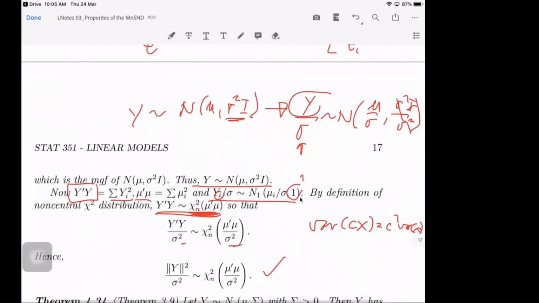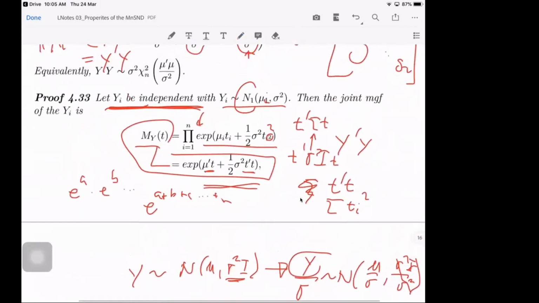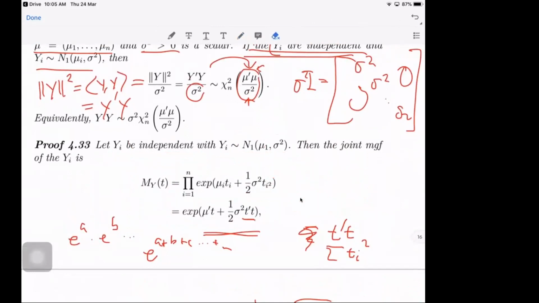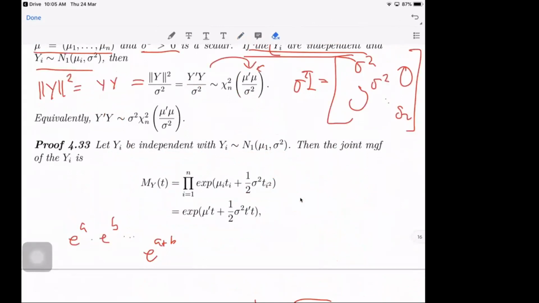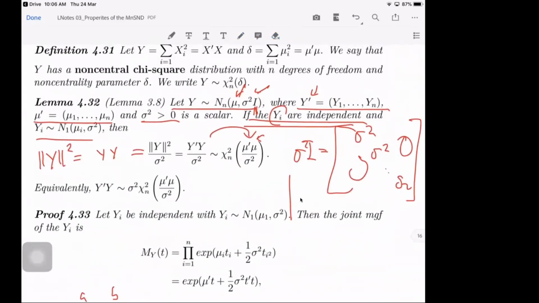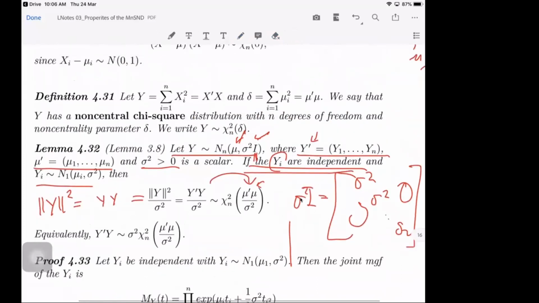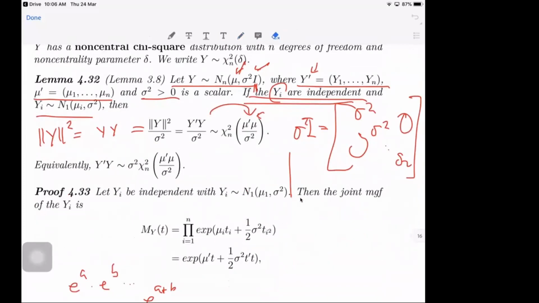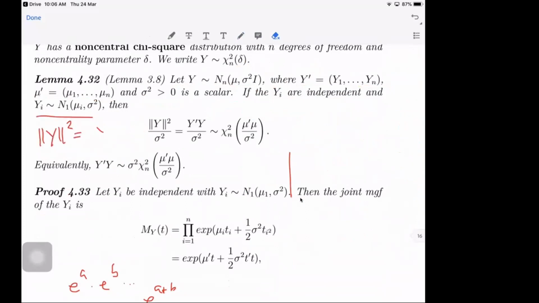So what are the assumptions of the non-central chi-square? The components must be satisfied here to conclude. Before you conclude that it's a non-central chi-square, they must be normally distributed and they must be independent, no?